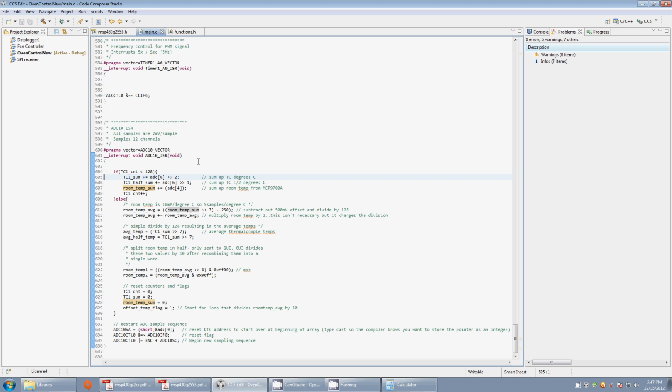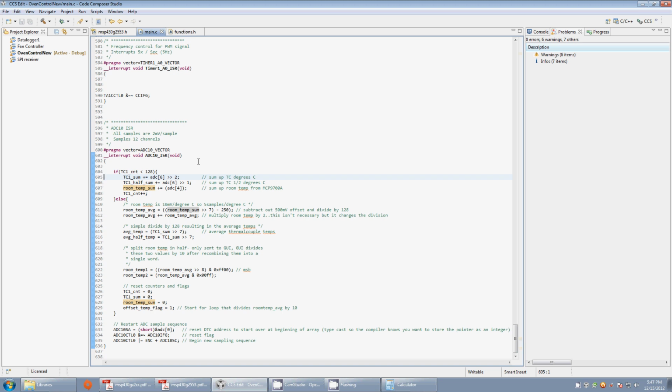We shift this to the right 4 because, remember, our thermocouple temperature, after going through all the analog stuff that I've got to condition the signal, we end up outputting 8 millivolts per 1 degree C. So what we need to do is get that down to one digit being 1 degree C, or this number represents one digit is 1 degree C. So to do that, if we output 8 millivolts per degree C, then our samples will be 4 samples per degree C, because each sample is 2 millivolts.